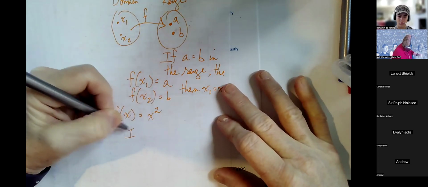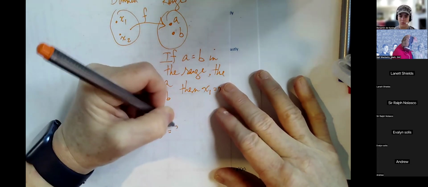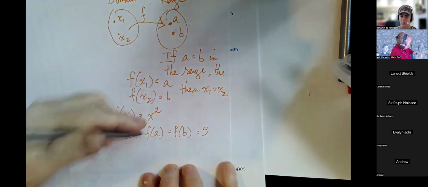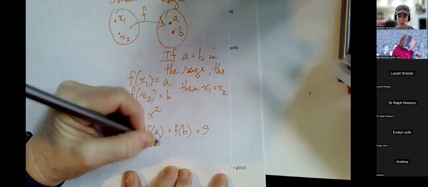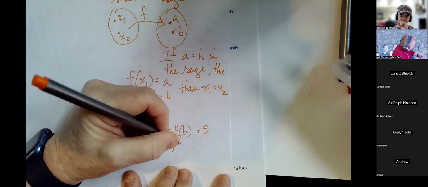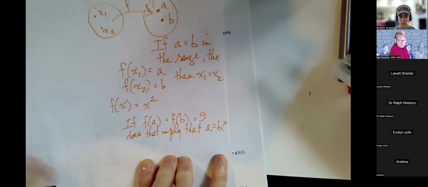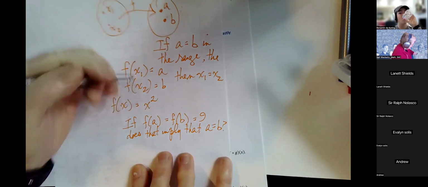So if f of A equals f of B equals 9, does that imply that A equals B? In other words, are there 2 different ways to get to 9, or is there only one way?